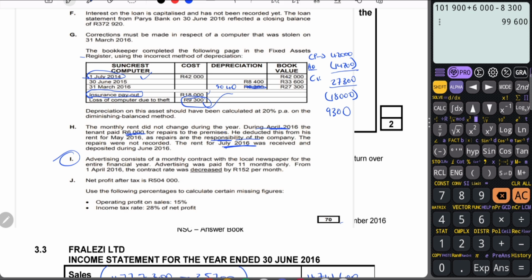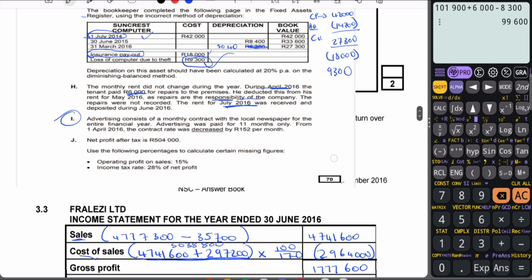Number I, advertising consists of a monthly contract with the local newspaper for the entire financial year. Advertising was paid for 11 months only from 1 April 2016. The contract rate was decreased by 152. Let's draw our financial year.